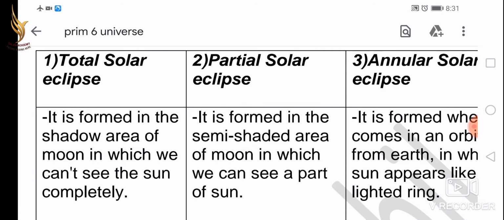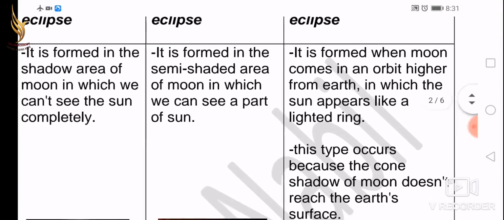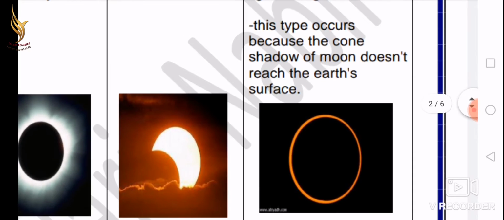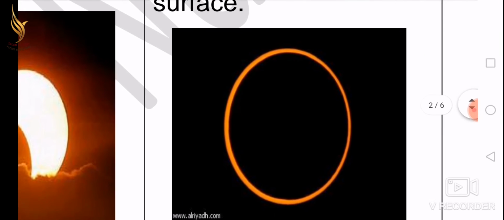And the third type is known as annular solar eclipse. Look, this is known as annular solar eclipse. We know that the moon rotates around the earth in an oval orbit.